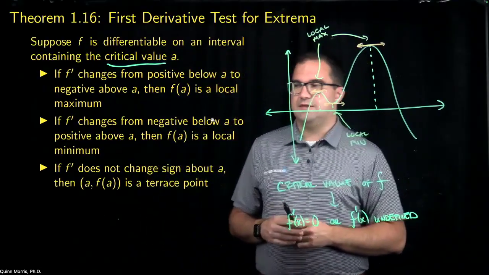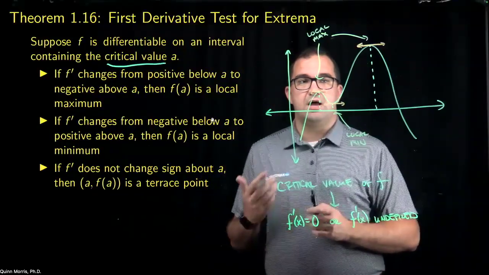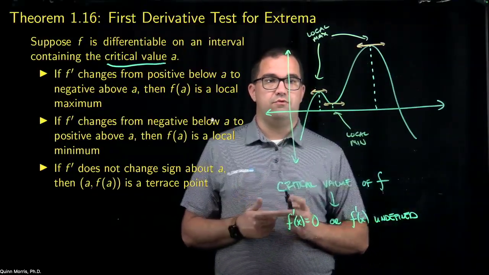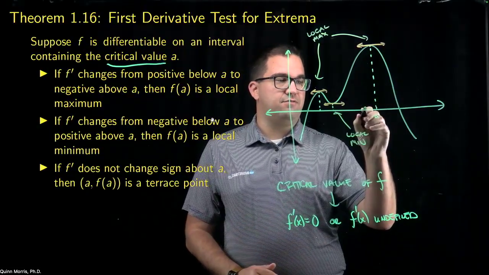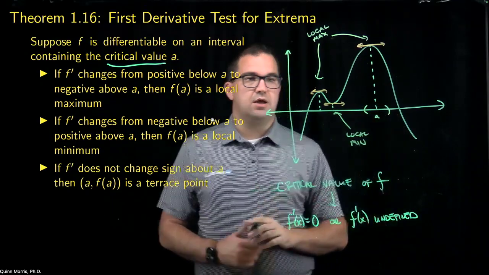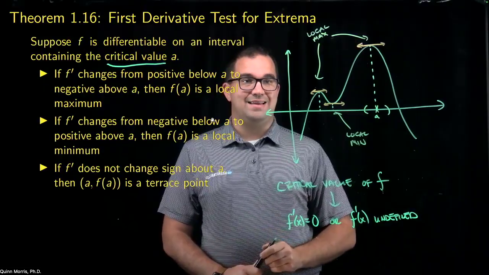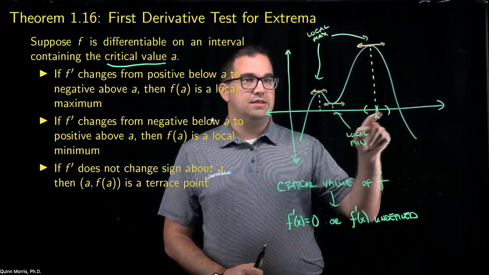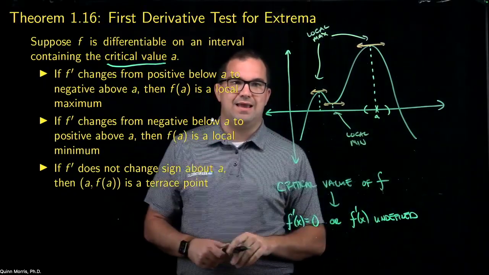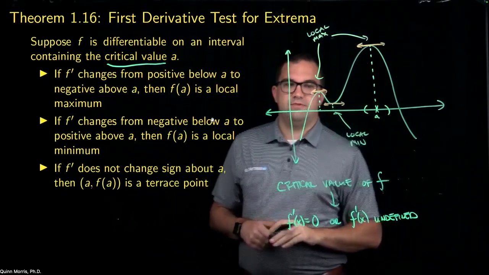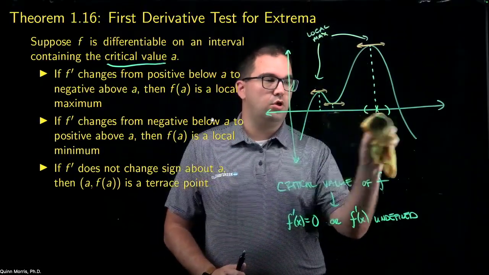The first derivative test says, if I have a function that's differentiable on some interval containing the critical value a, so for example, here's a critical value a, I need my function to be differentiable on some interval about here, although it need not be differentiable at a. So it needs to be differentiable on an interval around a, but not necessarily at a. Then the first derivative test tells us how we can classify these as local maxima or local minima.